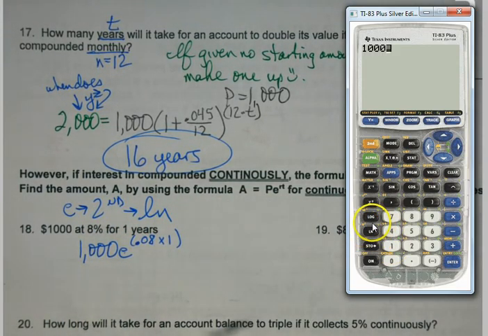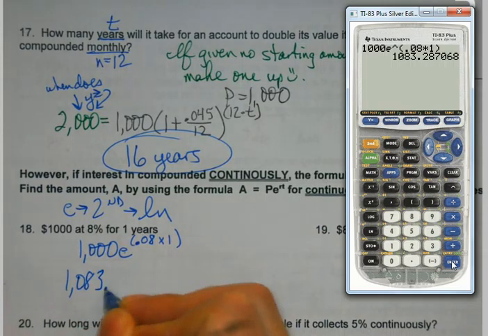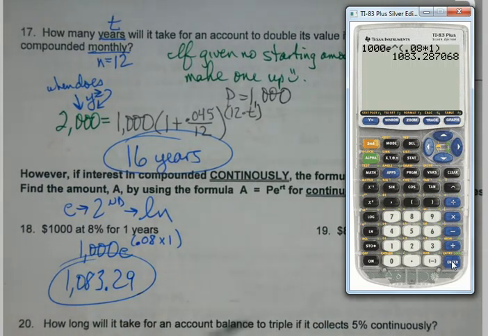It's down the side here. If you hit second and ln along the edge, you get E, and it automatically turns it into an exponent for you. That's kind of nice. And even gives you the first parenthesis. So I just got to type in the rate and the time, and I get the answer. That's kind of slick. That's it.